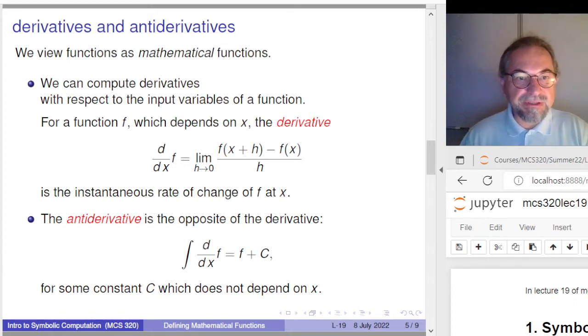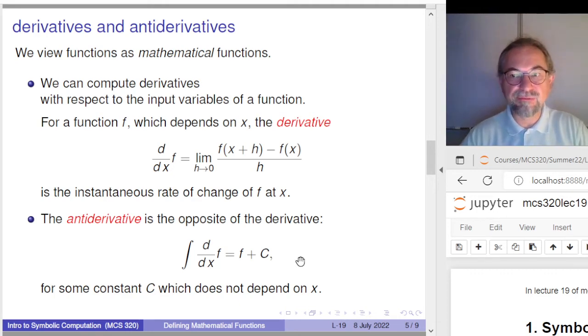The opposite operator of the derivative is the antiderivative, also known as the integral. When we apply the integral, we actually don't get the original function back, but because the derivative of a constant is 0, one gets it up to a constant.